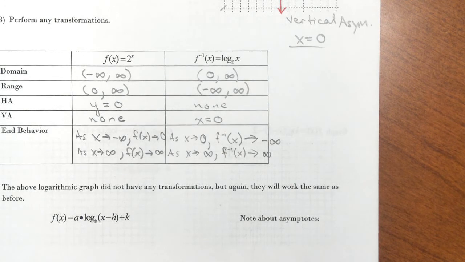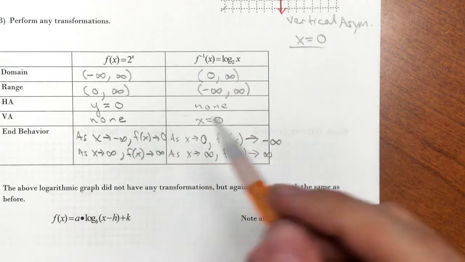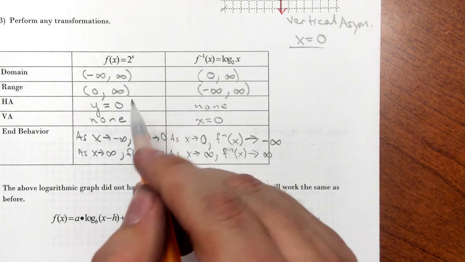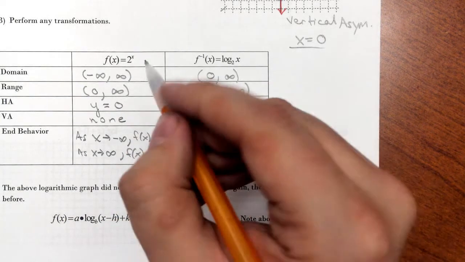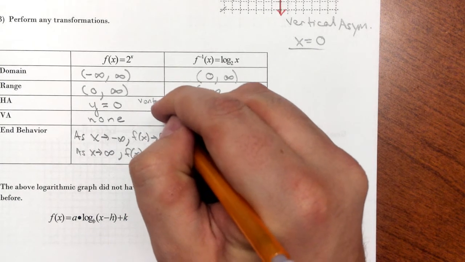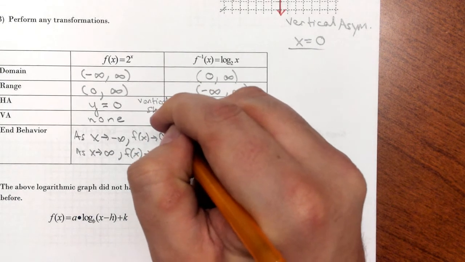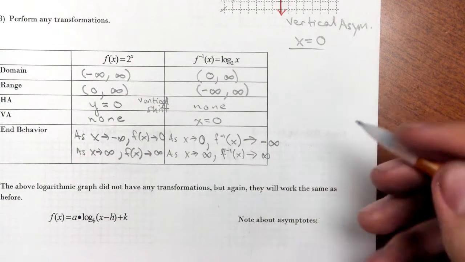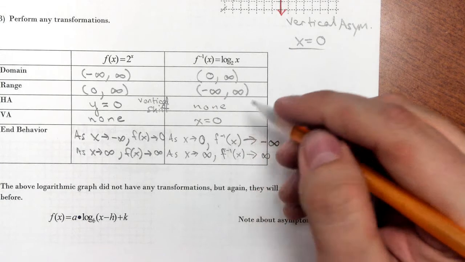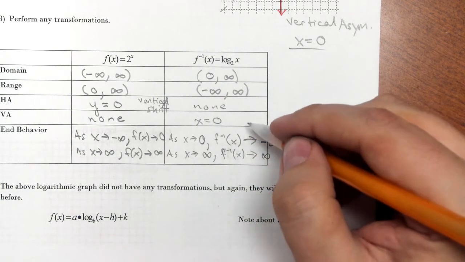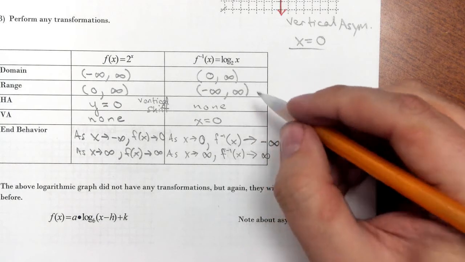You need to understand how to graph both of these functions, and certainly how to find the asymptotes of both of these functions. The big thing we talked about for exponentials is that the horizontal asymptote comes from the vertical shift. As opposed to logarithms, where the vertical asymptote, because it only has a vertical asymptote, comes from the horizontal shift, or if you will, the 0 of what's inside.